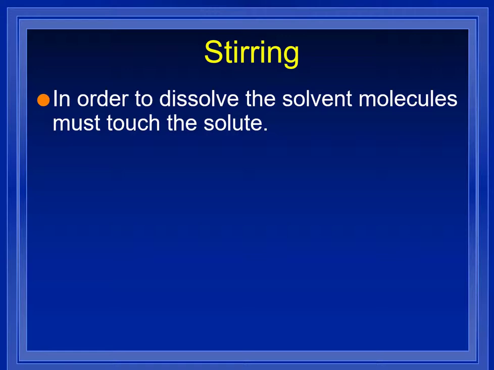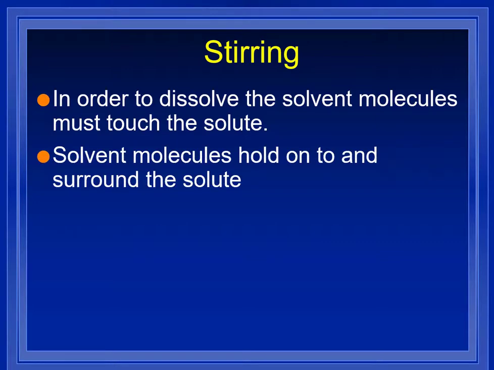In order to dissolve, the solvent molecules have to touch the solute molecules. I cannot dissolve sugar over there with water over here. The pieces actually have to touch each other, because when they dissolve, the solvent molecules hold on to and surround the solute.